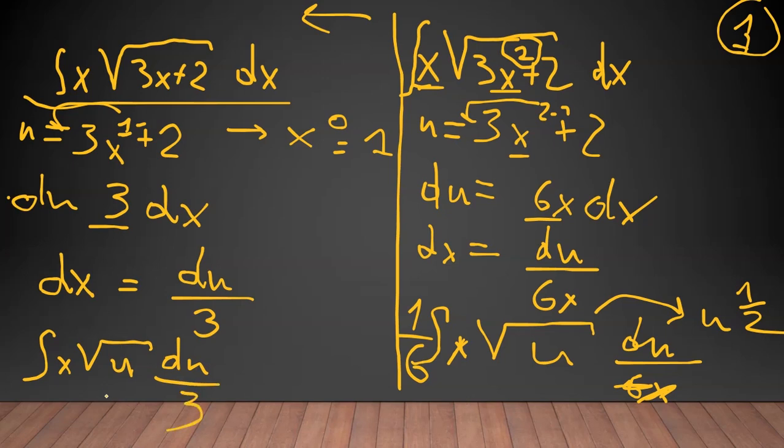And what can we do? You see, you have x here and here we have 3. We cannot eliminate this x, which is necessary for our further calculation. Therefore, it's not enough to just calculate du as we used to do before.